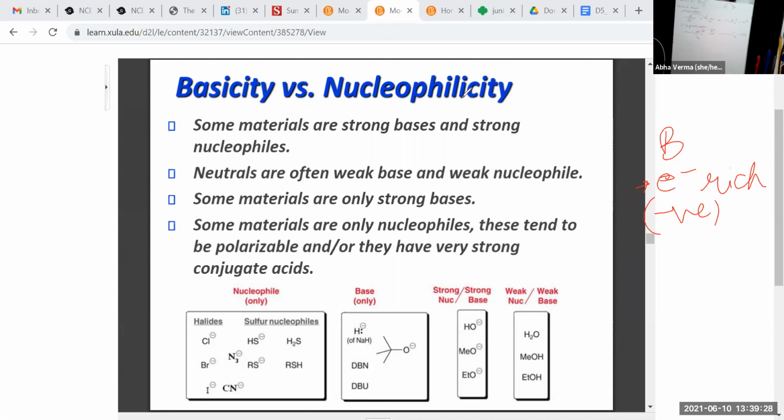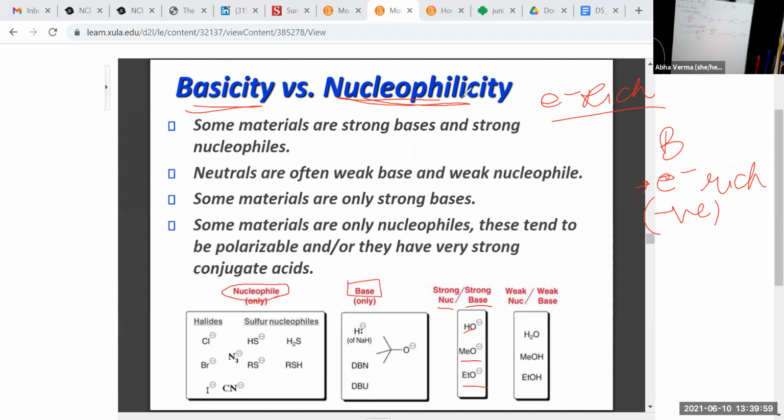On the contrary, nucleophilic and basic compounds are very similar. Both need to be electron rich. So many of the nucleophiles that we see, for example, hydroxides or methoxides, can be both nucleophile and base. But how do we differentiate between a nucleophile and a base?